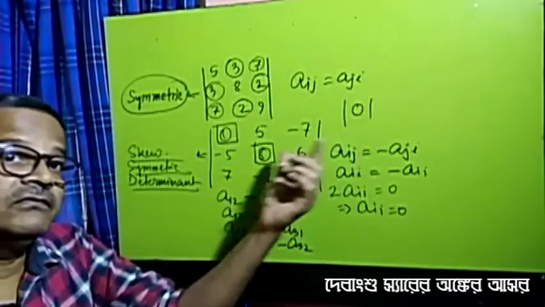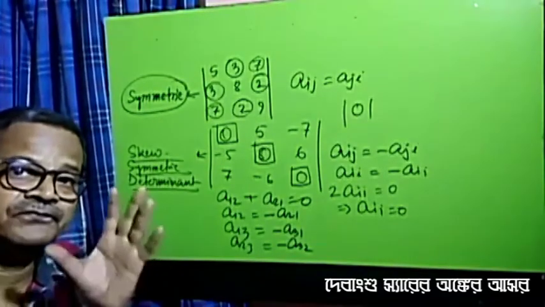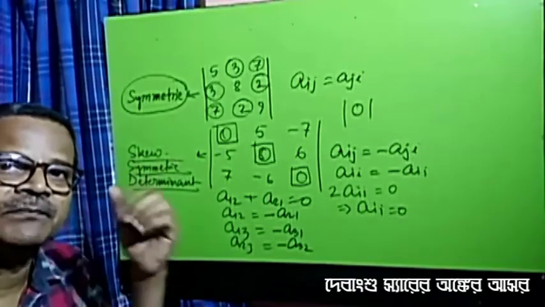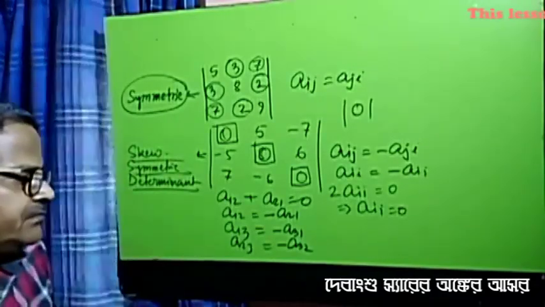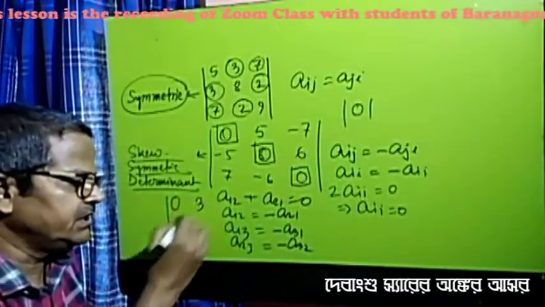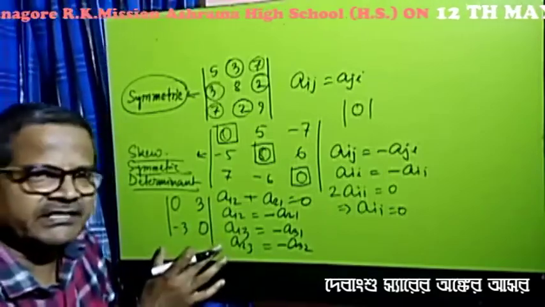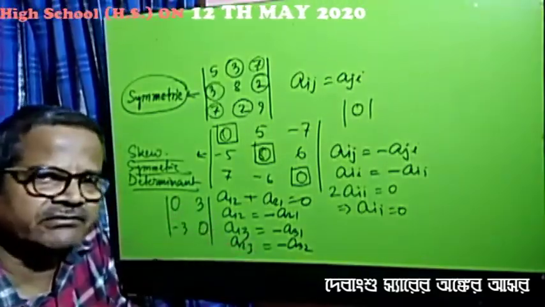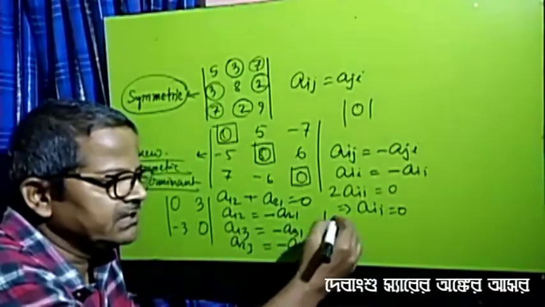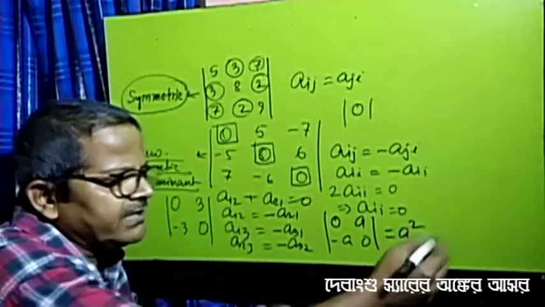And the value of a skew symmetric determinant of even order is always a perfect square. For example, if we consider a determinant of second order, 0, 3, minus 3, 0, and you already know how to expand this, its value is 9. The general form of second order skew symmetric is 0, a, minus a, 0. Now see, its value is a square.